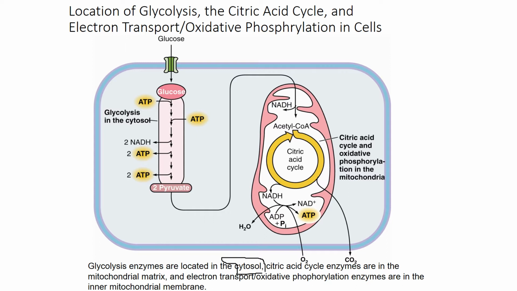And the pyruvate then has to migrate to the mitochondria in the cell. The mitochondria houses the enzymes for the citric acid cycle, or TCA cycle. These enzymes are in the mitochondrial matrix. And the oxidative phosphorylation enzymes, which aren't readily seen here, are located in the inner membrane of the mitochondria. So this also contributes to the regulation of these processes.